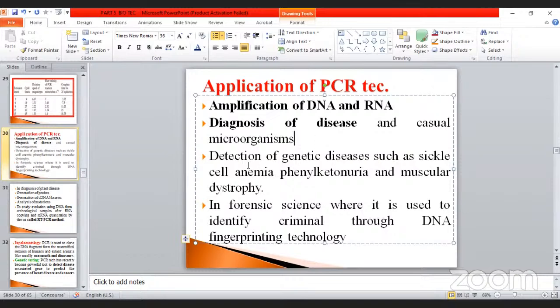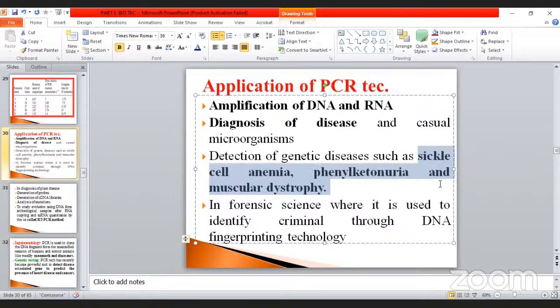And then the third one is called detection of genetic disease. That is also a similar one, such as sickle cell anemia, phenylketonuria, and also muscular dystrophy, in the embryo stage. Suppose you identify them, because these are chromosomal recessive gene inheritance diseases, isn't it?